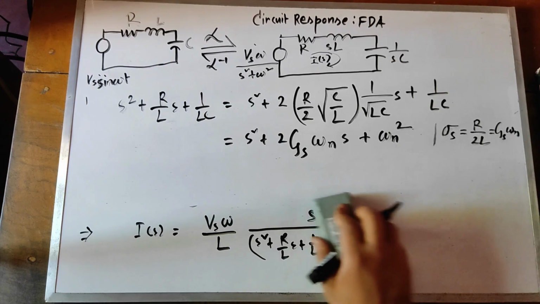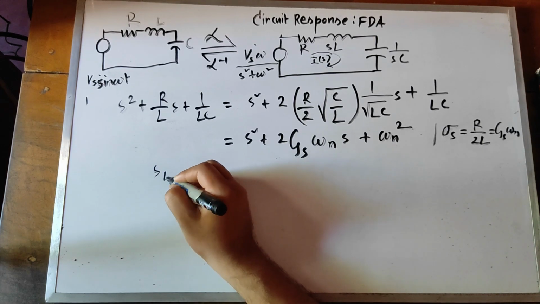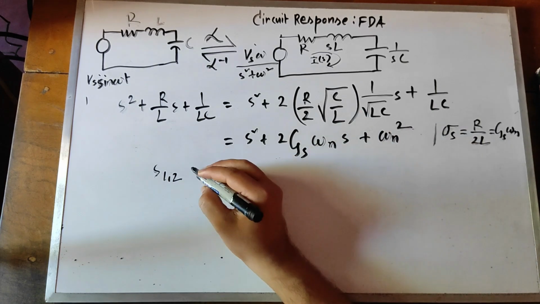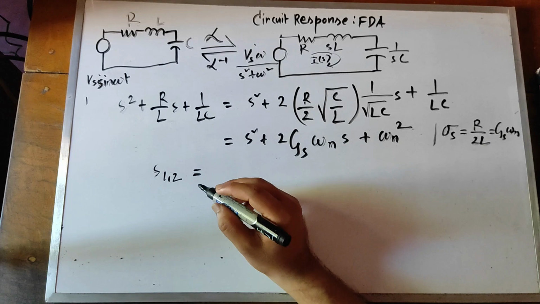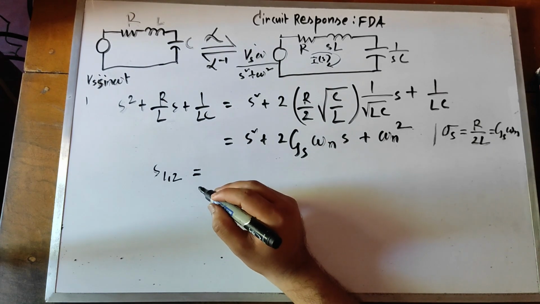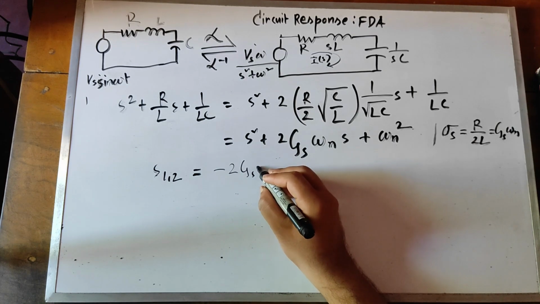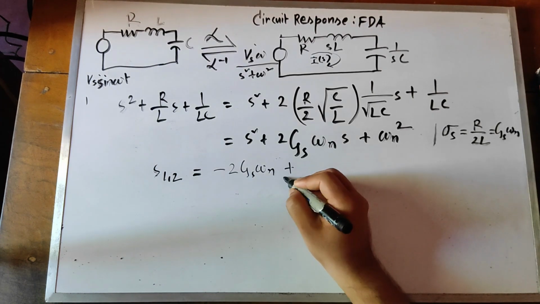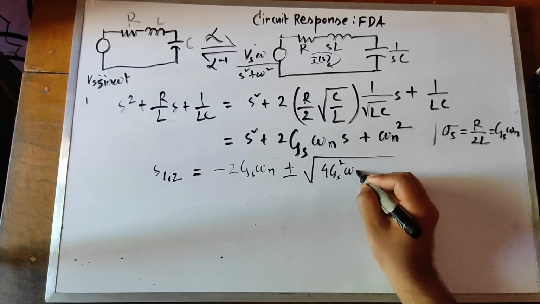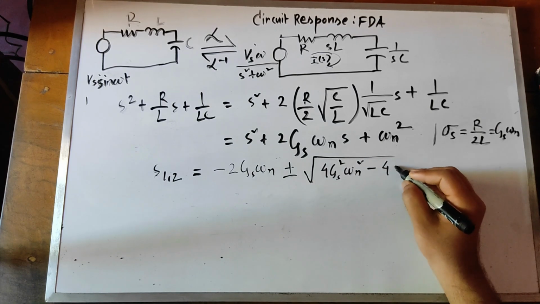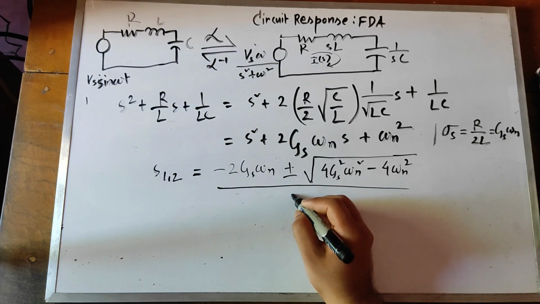If I want to find the roots of this characteristic equation, by the formula of the second order quadratic equation, the root will be minus 2 zeta omega n, plus minus root over b square, which is 4 zeta square omega n square, minus 4 omega n square, that is b square minus 4ac, by 2a.